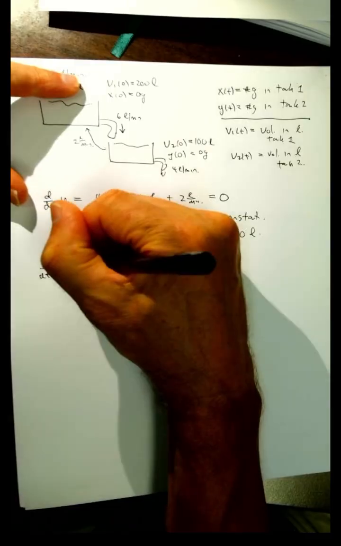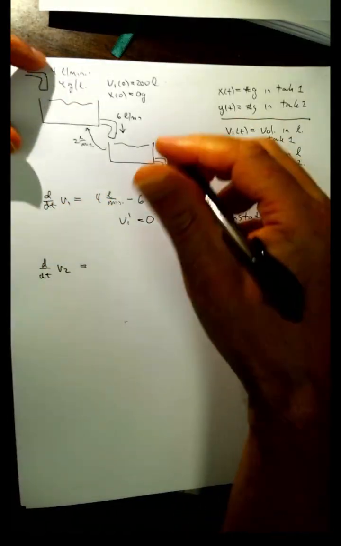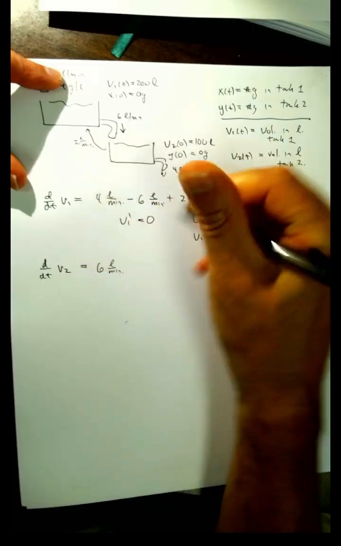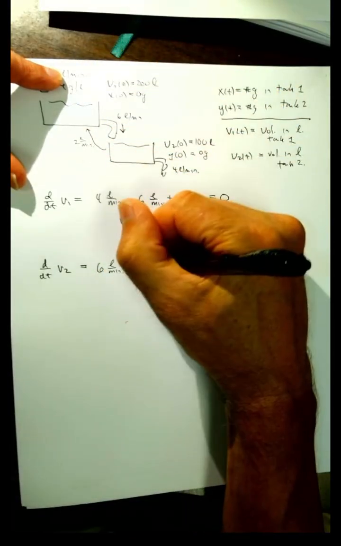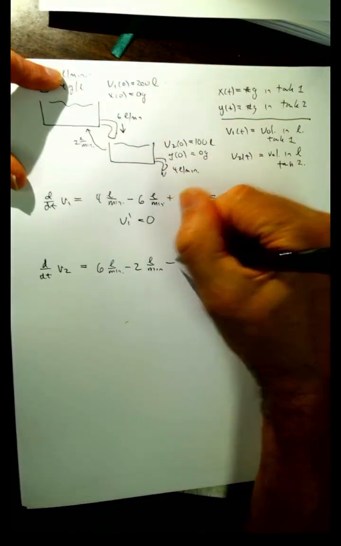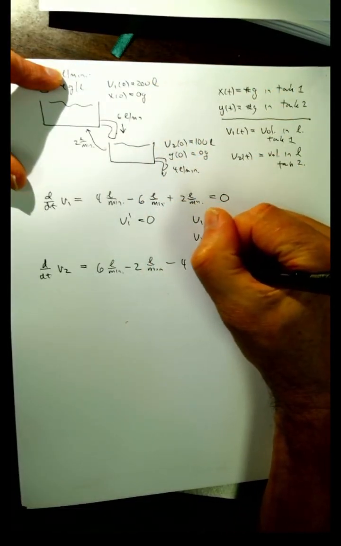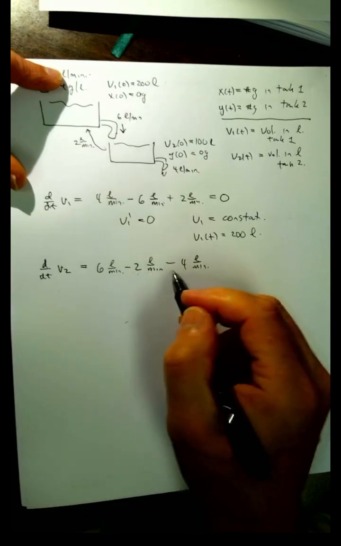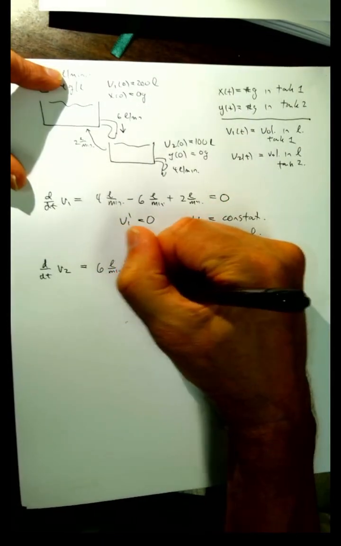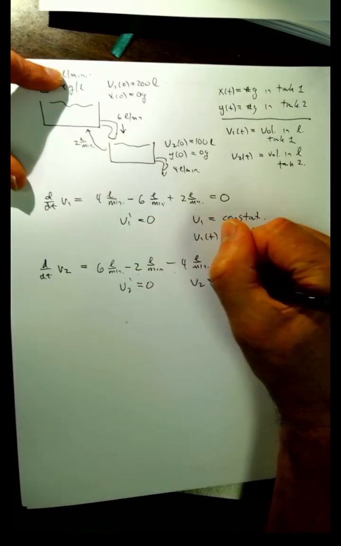Same thing with volume 2. It's going to be the rate coming in. What's coming in is 6 liters per minute. What's going out is 2 coming out from here, and then 4 coming out here. So 6 minus 2 minus 4 is 0. That means V2 prime is 0, so V2 is a constant.